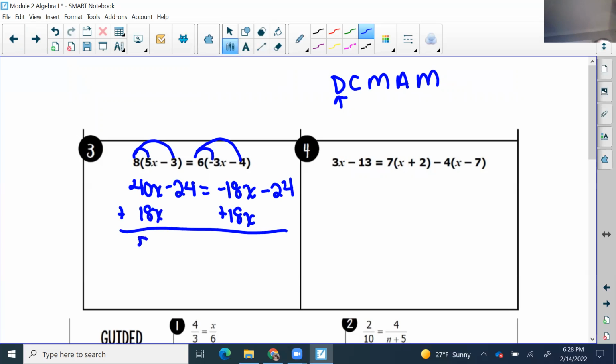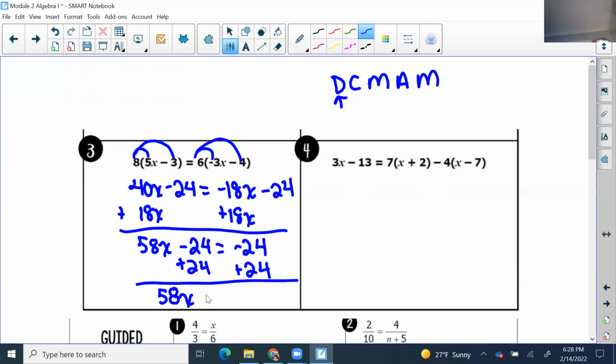And I get 58x minus 24 is equal to negative 24. Be really careful that you keep those signs that are in front of those variables and those numbers. So look what I'm going to do here. I'm going to add 24 to both sides of my equation, and I get 58x is equal to 0.